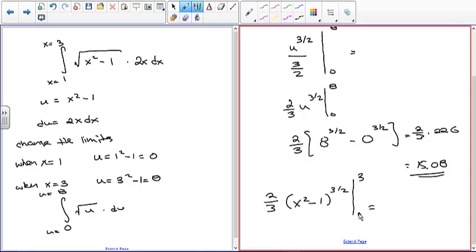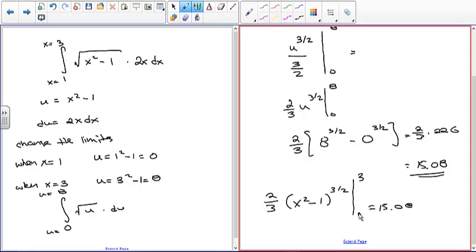And I'd get 15.08. I get the same answer. So the advantage of doing it the first way is I never have to plug back in u. Typically, u is simpler than what u represents.